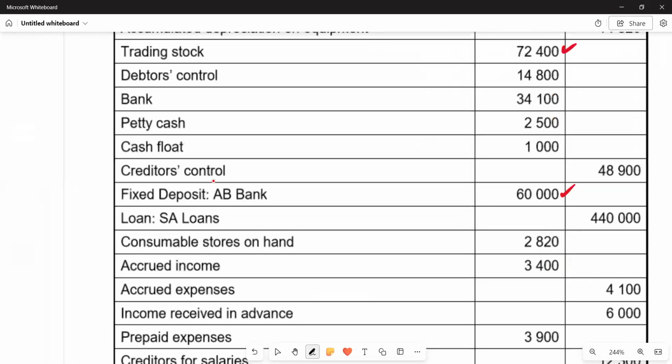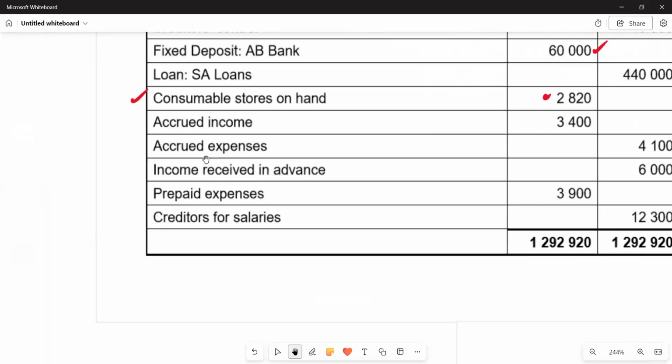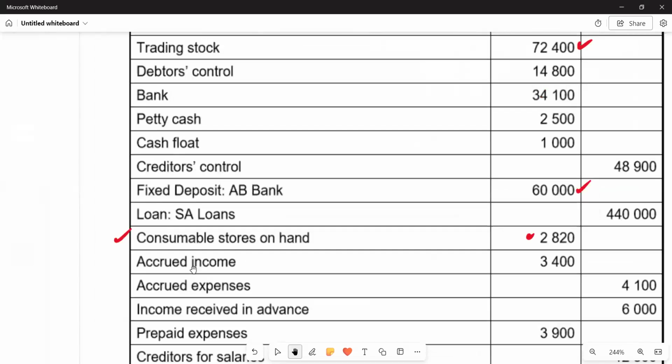You see that we've got consumable stores here, which is 2,820. So we are going to add it to trading stock 72,400 to get the total for inventory. We check again for stationery, if you have it. You see that for stationery, there's nothing. So we are just going to add the 72,400, and then we add our 2,820.